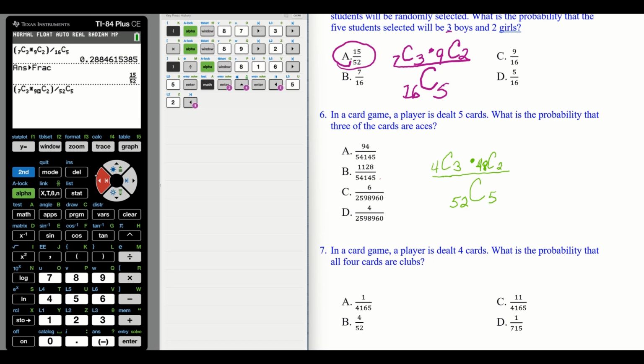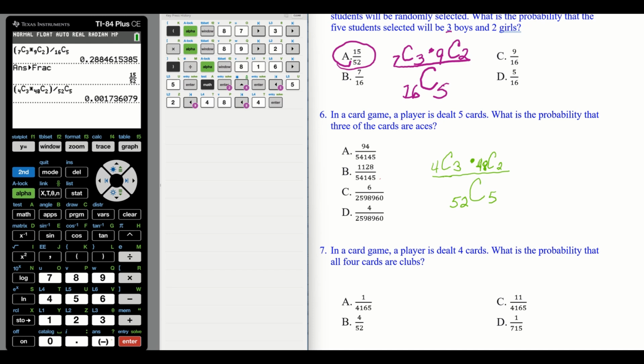We have 48 out of 2, so that's 48 cards. We need 2 of those other cards. The unselected, we selected 3, but it's 4. 3 out of 4 selected. Okay, enter. Okay, that gives us a decimal.